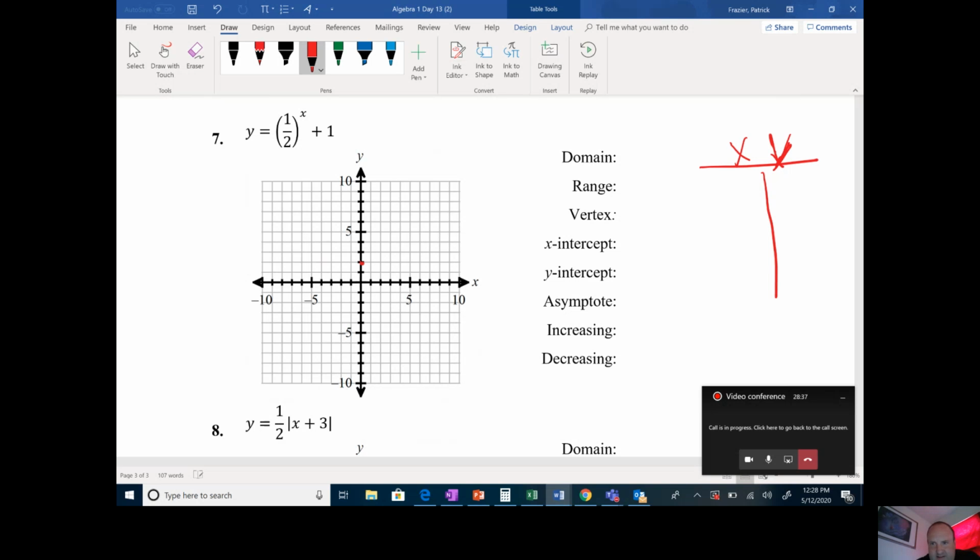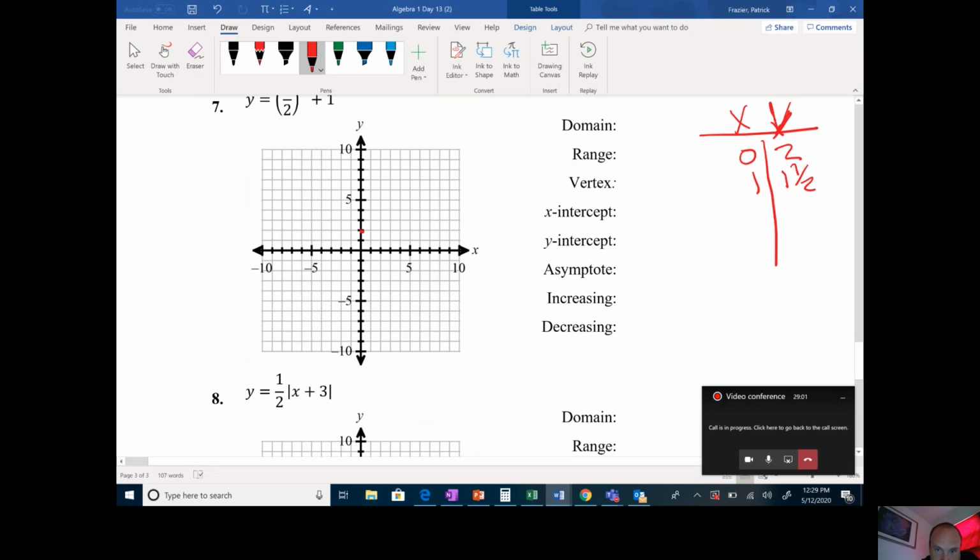When x is 0, y would equal, in this case, 2. And anything to the 1 power is just going to be itself. And then it's plus 1, so that's 1.5. As a mixed fraction, you could also put 1 1/2.